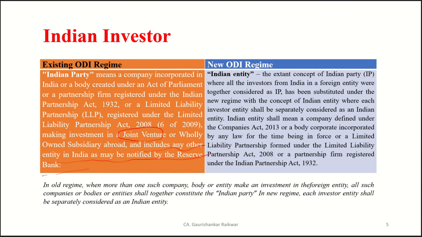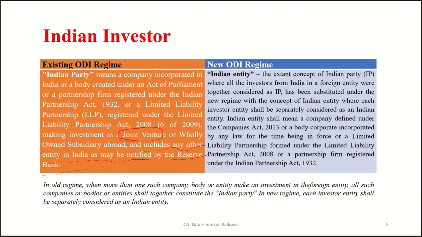Since it was the concept of joint venture and wholly owned subsidiary, and now this concept is not there because the foreign entity has become the investee company, there is no more concept of JV and wholly owned subsidiary for the purpose of ODI. That's why they have changed the definition of Indian entity.